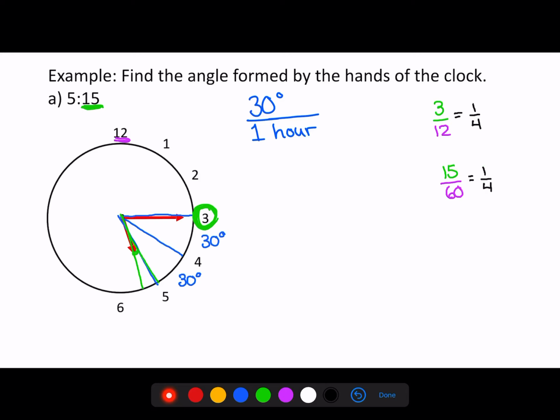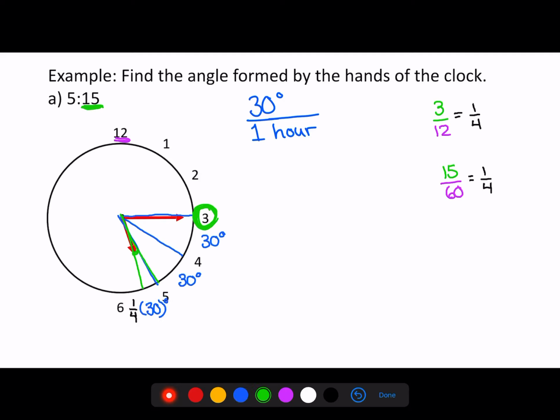This fraction is 1/4. So that means that the minute hand has traveled 1/4 of the way around the entire clock. That also means that the hour hand has moved 1/4 of the way between 5 and 6. So it's 1/4 of the way there. If that's the case, and each hour is 30 degrees, then that means that we've traveled 1/4 of 30 degrees here. 1/4 of 30 degrees.